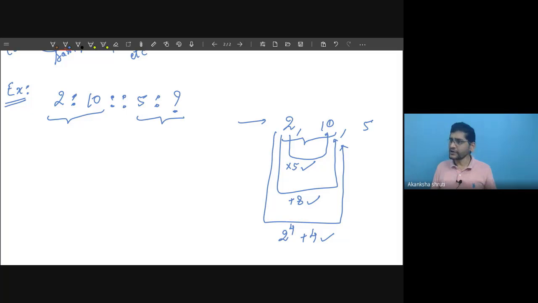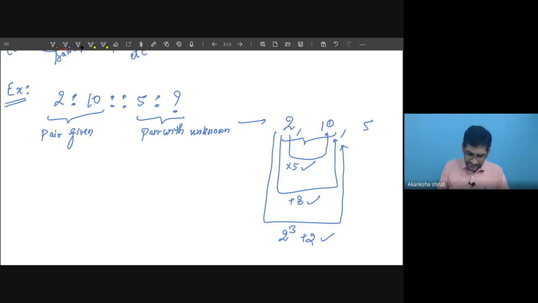But in analogy, the answer depends on a certain relation. So whatever the pair given, it is this one. Okay, students? And in this case, this is the unknown. So a pair with an unknown. Here we have to keep in mind, whatever is given, you have to apply all the possible relations.